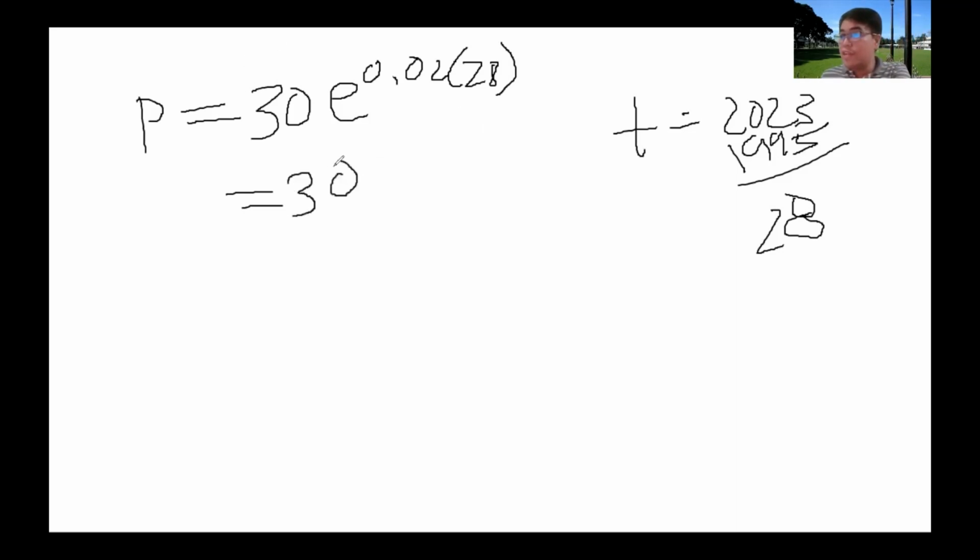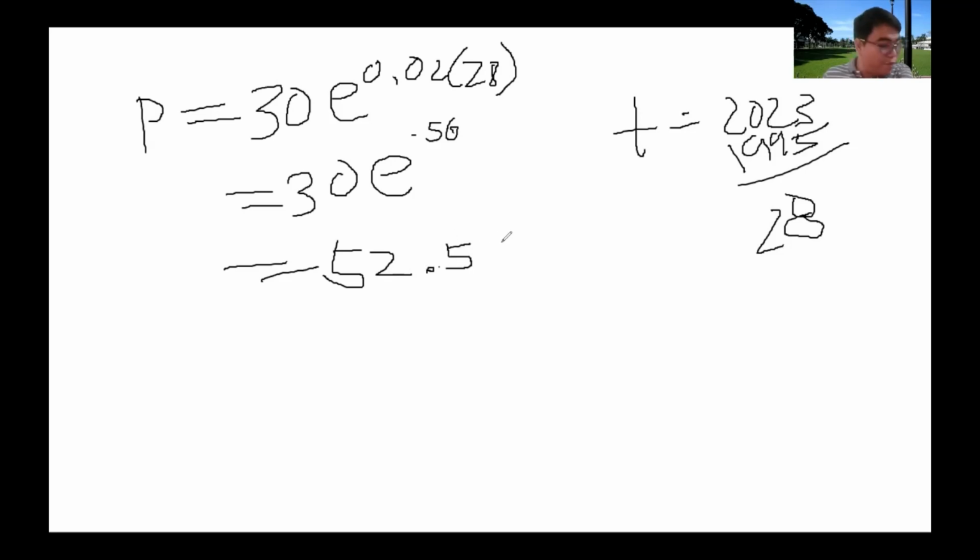So we get 30e to the 0.56. If we input that on the calculator, 30e raised to 0.56, we get 52.520, or 52,520.